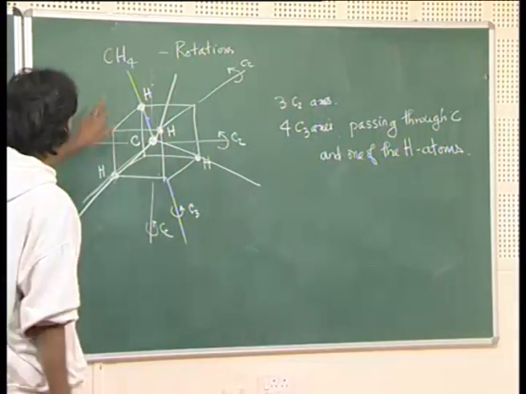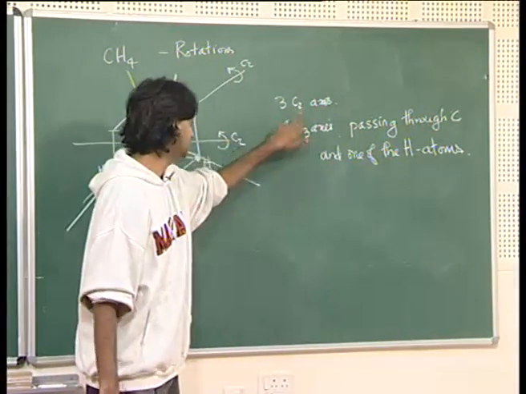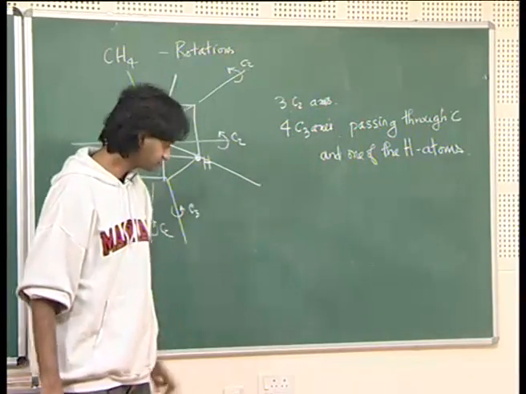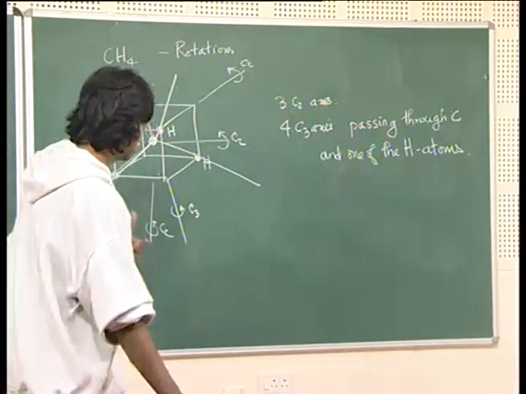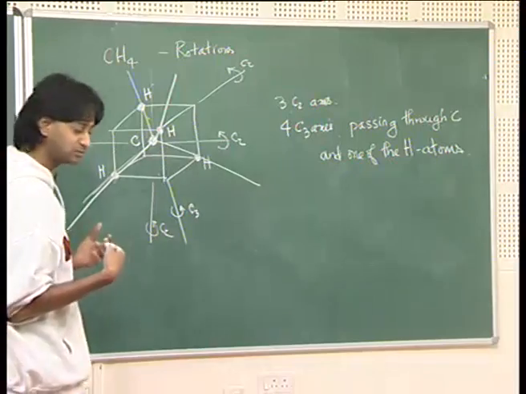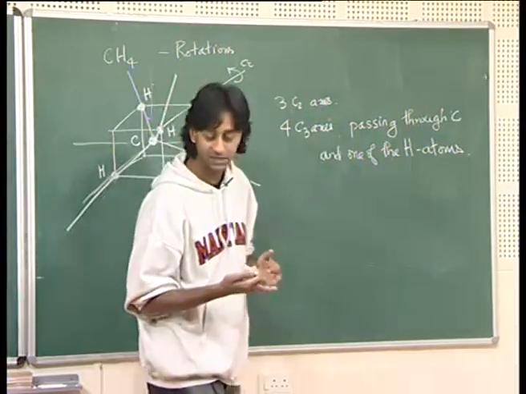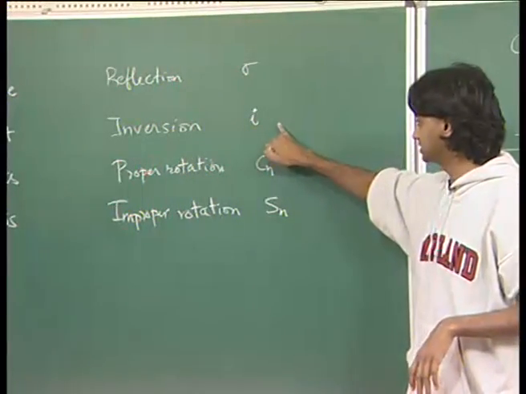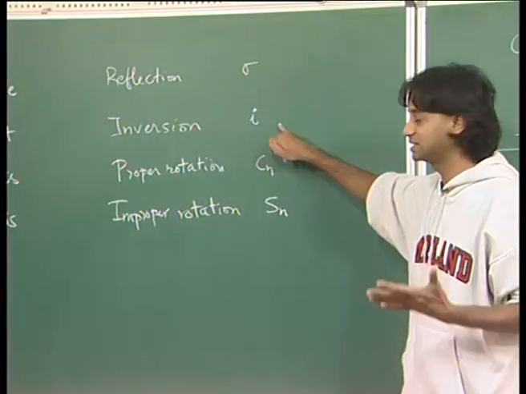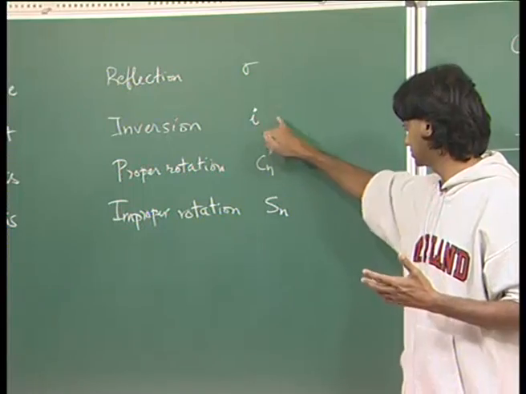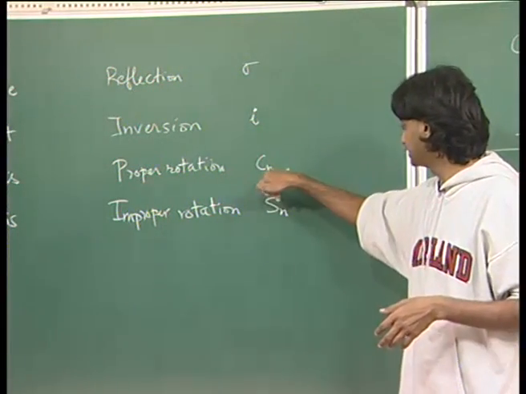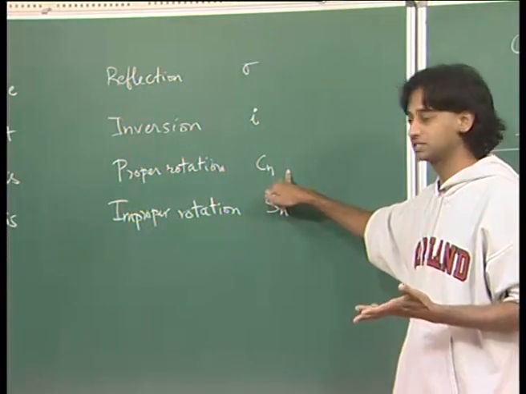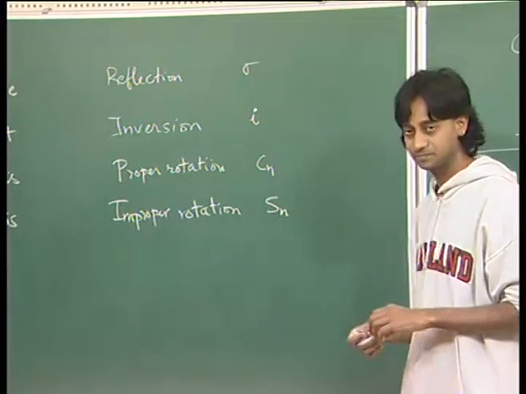So you say that methane has 3 C2 axes and 4 C3 axes. So in this way, for any given molecule, you should be able to identify which are the reflection elements, whether it has an inversion or not, and if it has, you should be able to identify it, and then which are the various proper rotations that are there, if there are any.